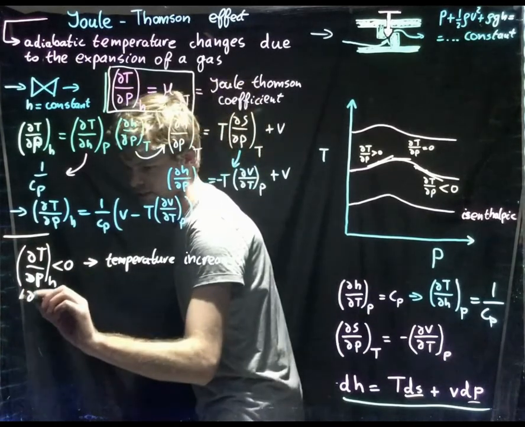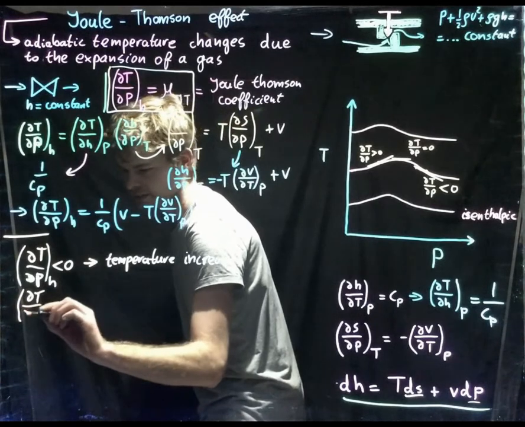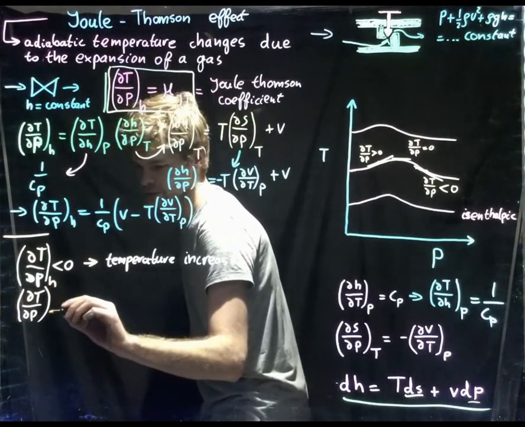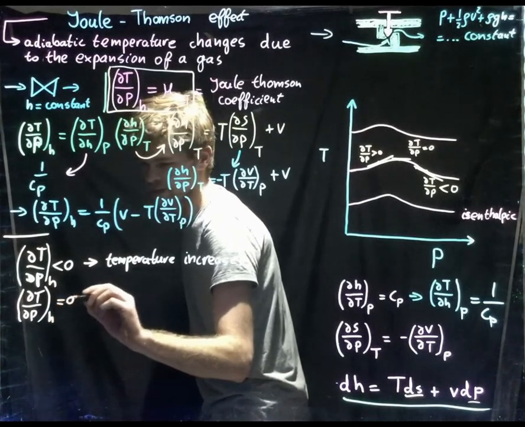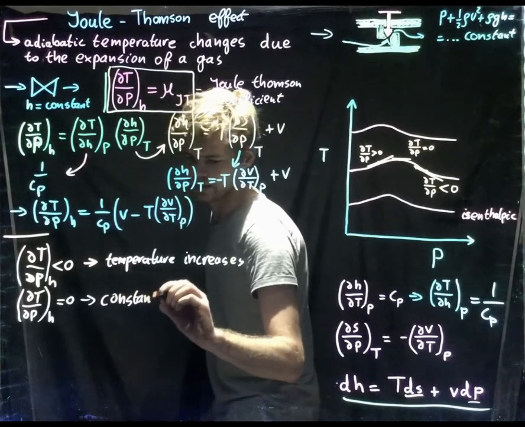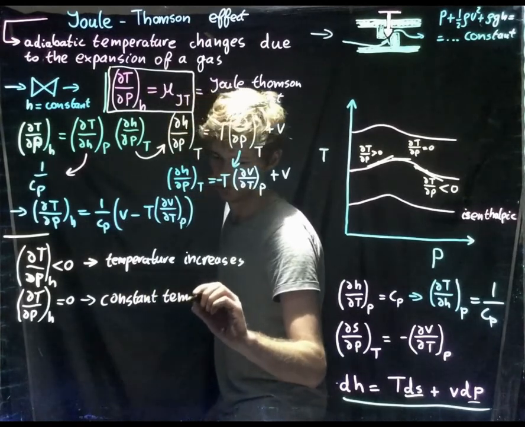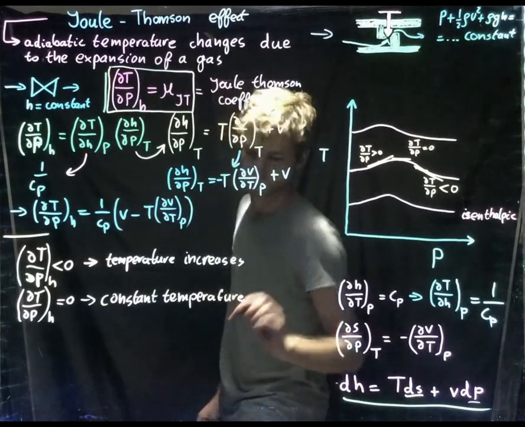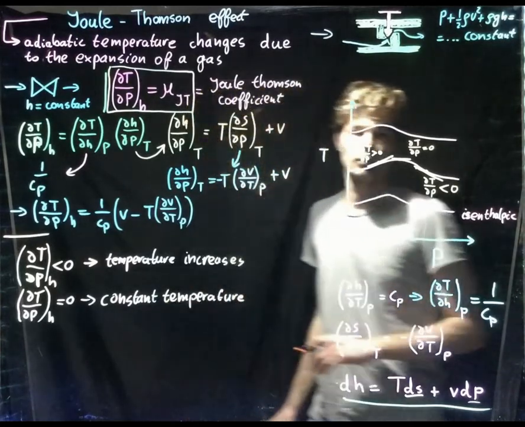So the partial derivative of temperature with respect to pressure for a fixed enthalpy will remain at a constant temperature, and this is actually a very important temperature. But I'm going to tell you more about this later.